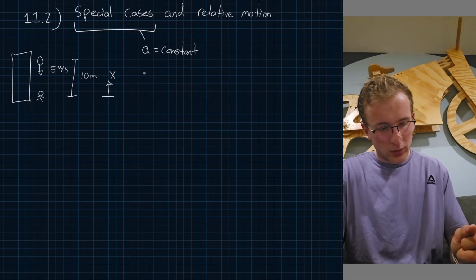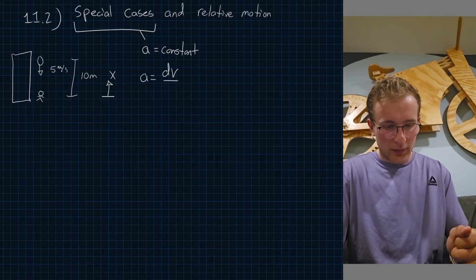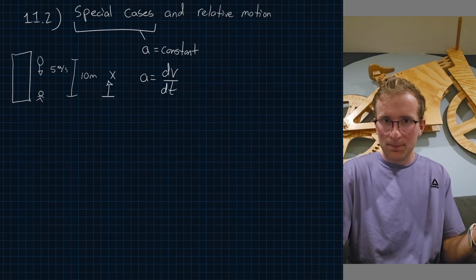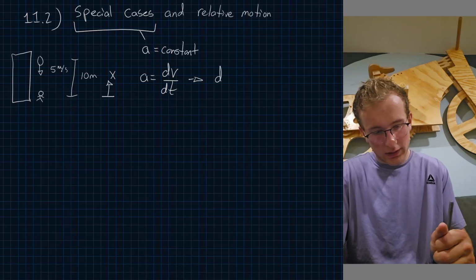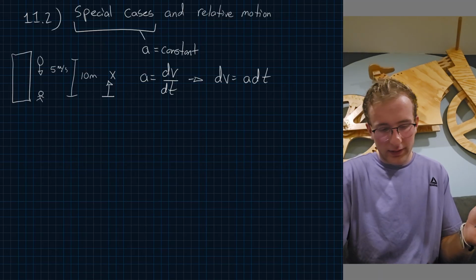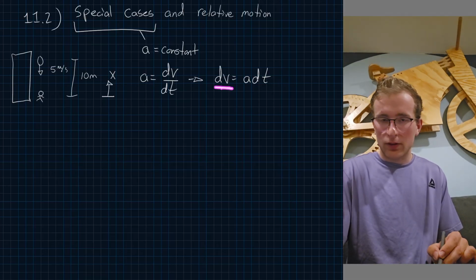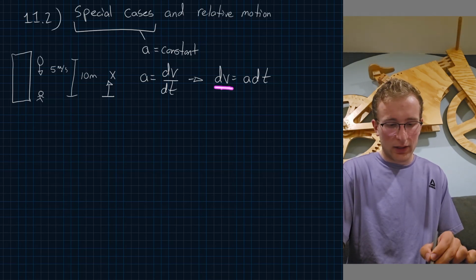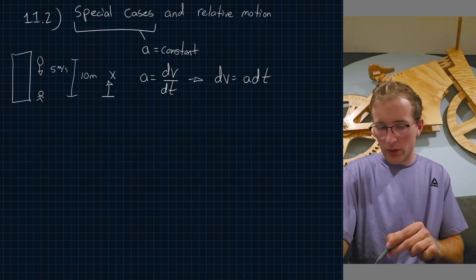Now, what is the definition of acceleration? Well, it's the derivative of velocity with respect to time. Okay, I can rearrange this and get dv is equal to acceleration times dt. And so now I have my variable velocity v on this side and my variable t on the other side of the equation.